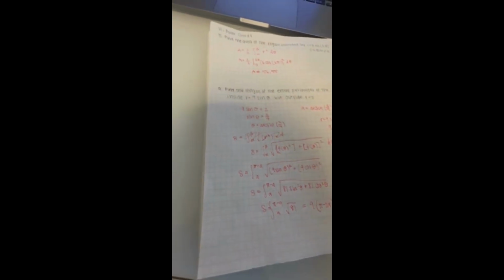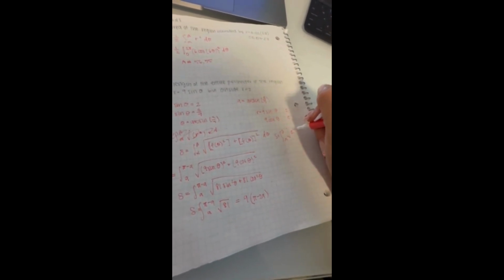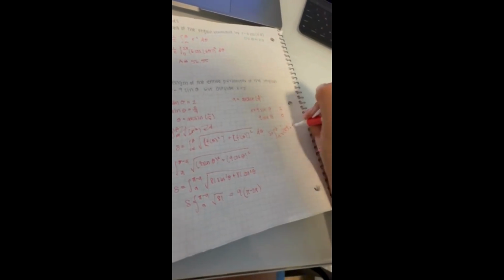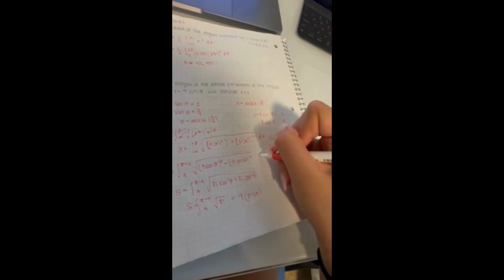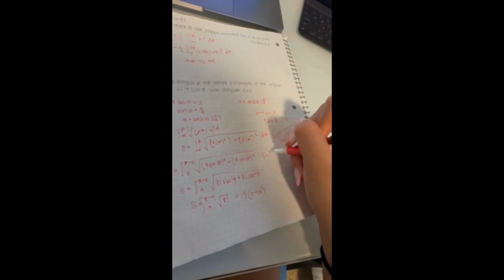And we're just going to do the same thing for the other r value, which is 2. So 2 squared plus 0 squared, and our bounds are also going to be pi minus a and a.